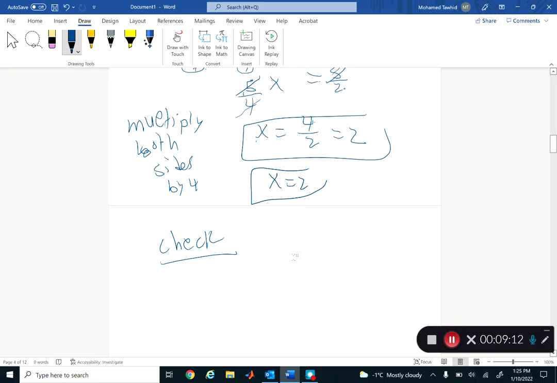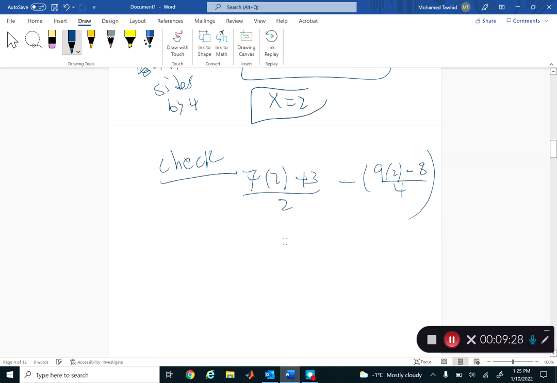You can check. Go ahead and replace x in the original equation by 2: 7 multiplied by 2, plus 3, divided by 2, minus 9 multiplied by 2, minus 8, the whole thing over 4. If I simplify this, you get 14 plus 3, you get 17 over 2, and here minus, 18 minus 8, you get 10 over 4, right?